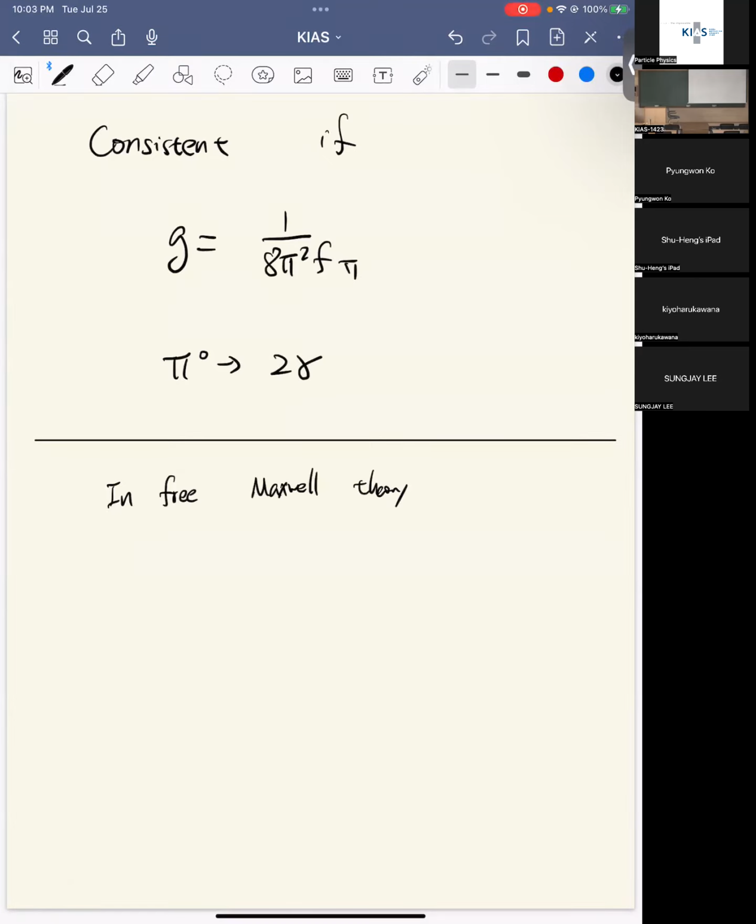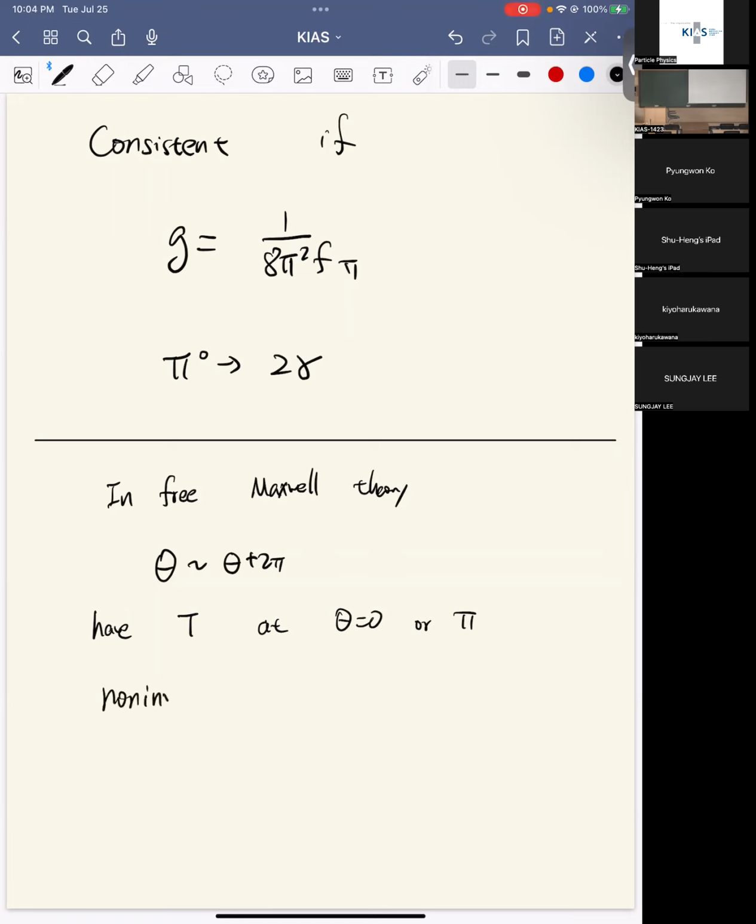So usually we say in free gauge theory, if you have a theta angle that's 2 pi periodic, then you only have the time reversal symmetry at theta equal to 0 or pi. What we found in free Maxwell is that there are actually more general time reversal symmetries.